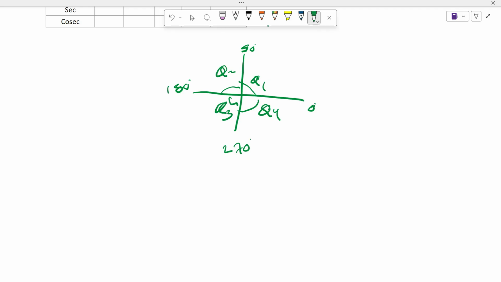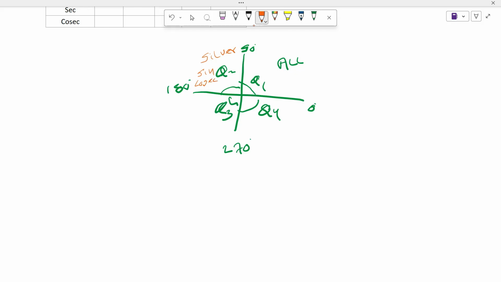In the first quadrant, all trigonometric functions will be positive. All means sine, cosine, tangent, cot theta, secant theta, cosecant theta. All are positive, so we will write "All" here. Then in the second quadrant, "Silver", S. Here sine and its reciprocal, cosec, are positive, and the rest are negative.